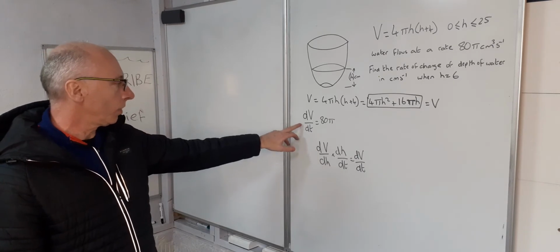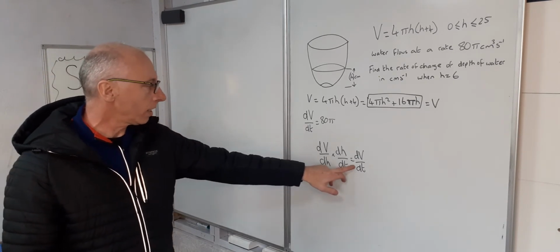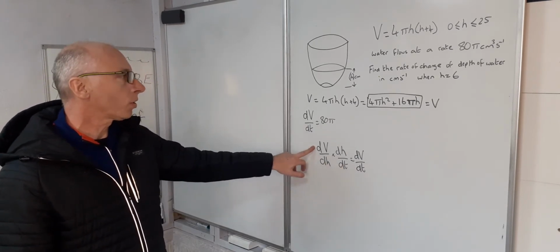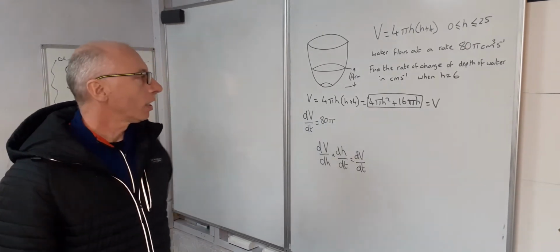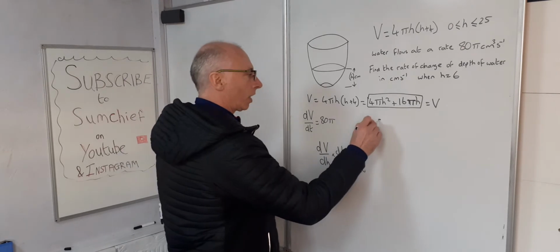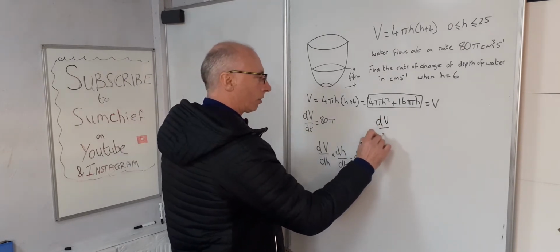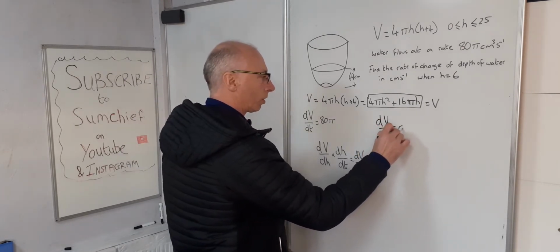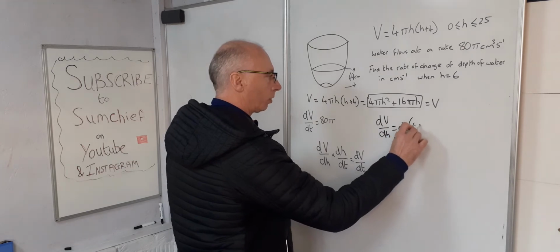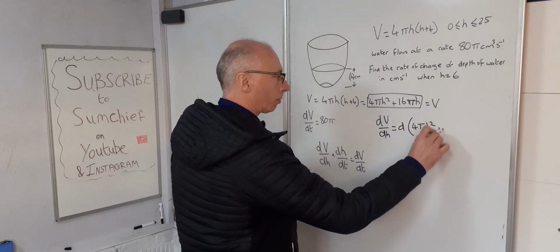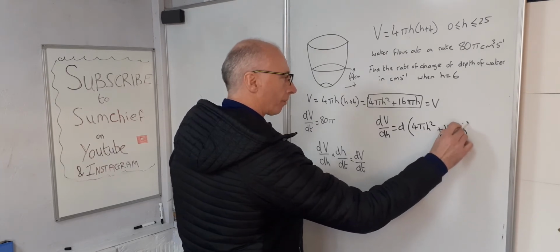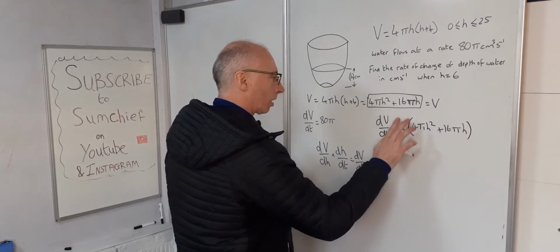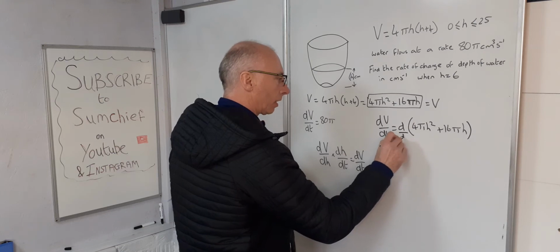Well, we've already got dV/dt, so that's 80π. And we can also find dV/dh because we've got this formula here. So the derivative of V with respect to h equals the derivative of 4πh² plus 16πh with respect to h.